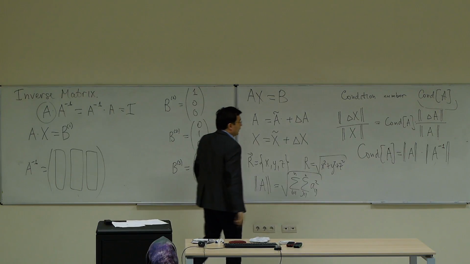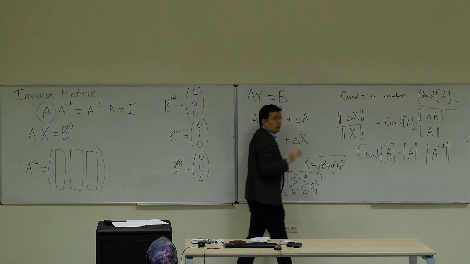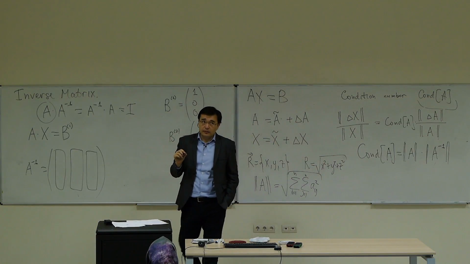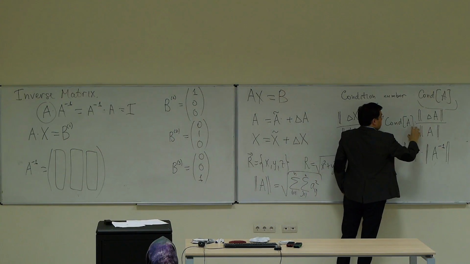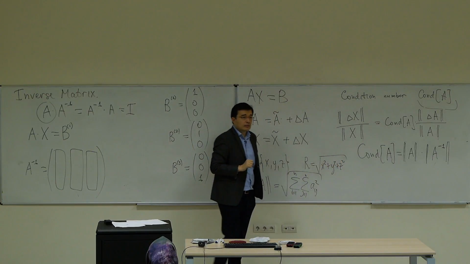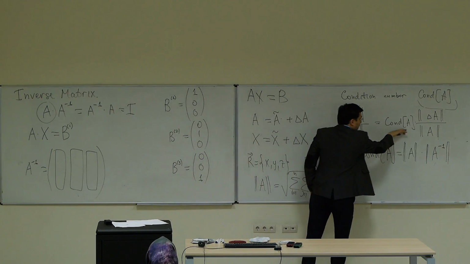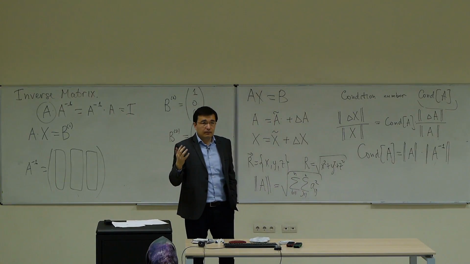Accordingly, this is a relative error in X, in the elements of X. So the condition number relates these two. This one multiplied by the condition number gives you the error in X. So if the condition number, let's say, is 100, the error will amplify by a factor of 100 when you're solving this.